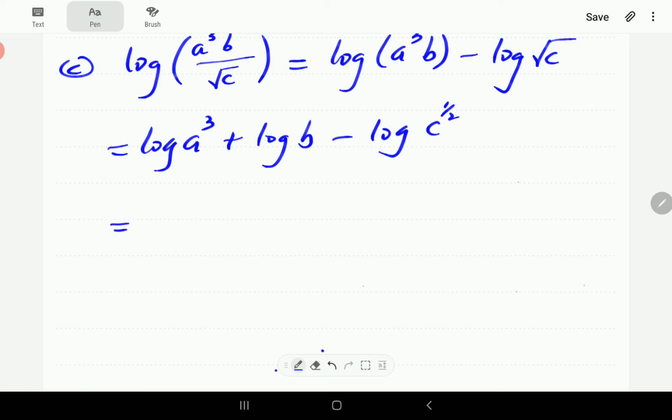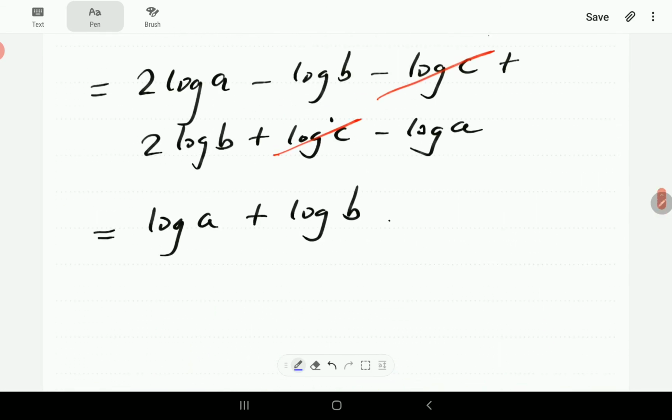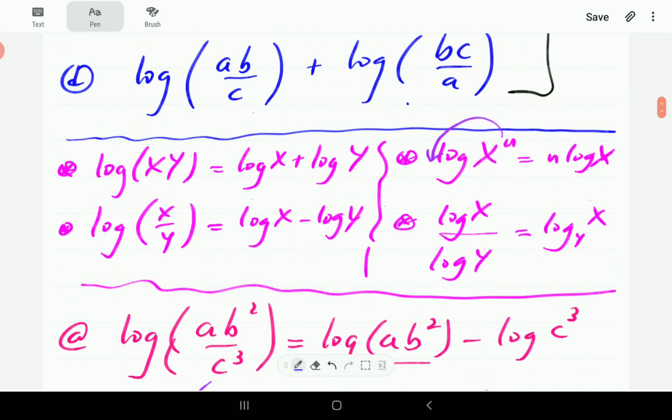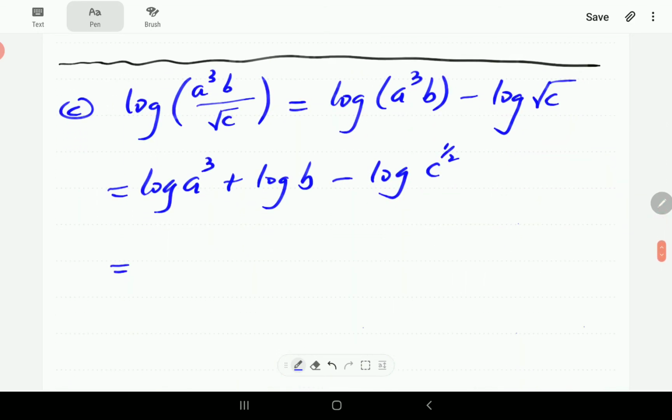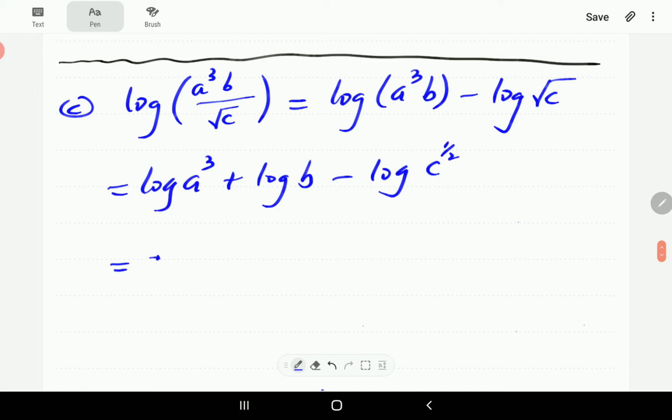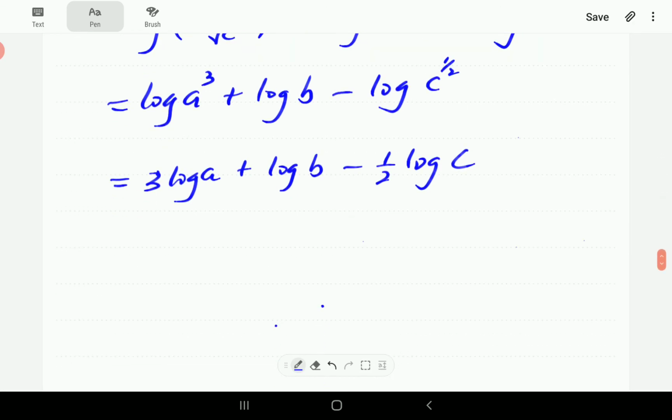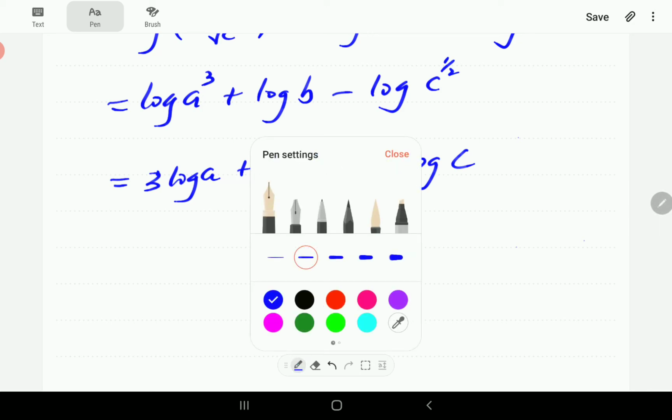Now if we use the power property, which is the third property that says log of x to the power n is n times log of x, log a cubed is 3 log a, and log c to the power half is going to be 1/2 log c. This is now in terms of log a, log b, and log c, which is the form required by the question.